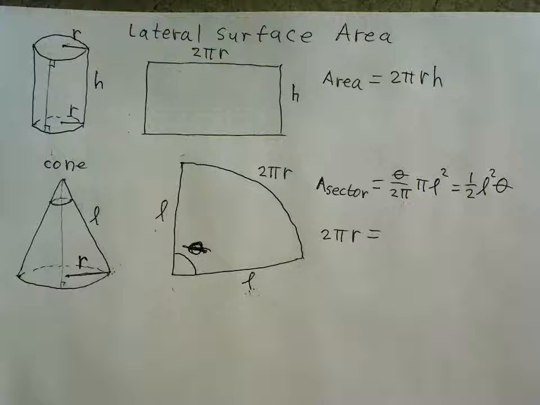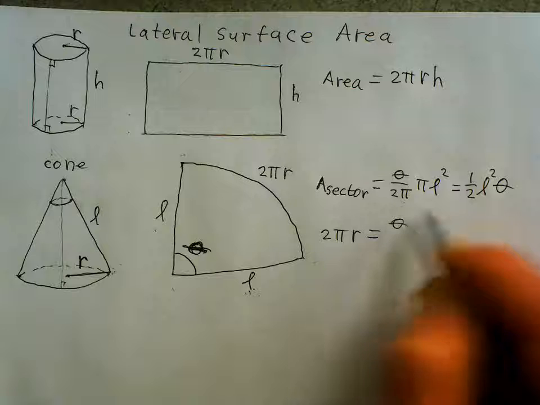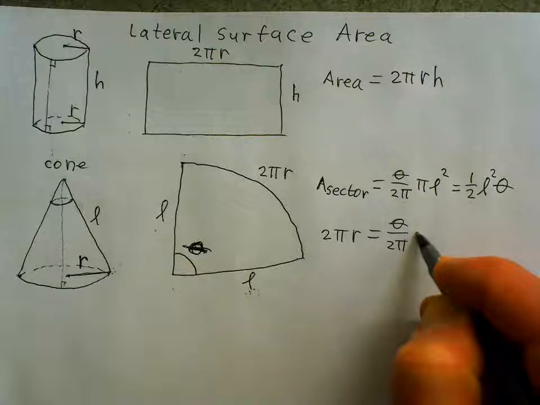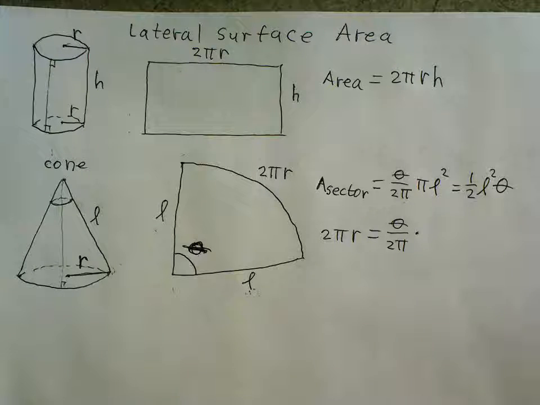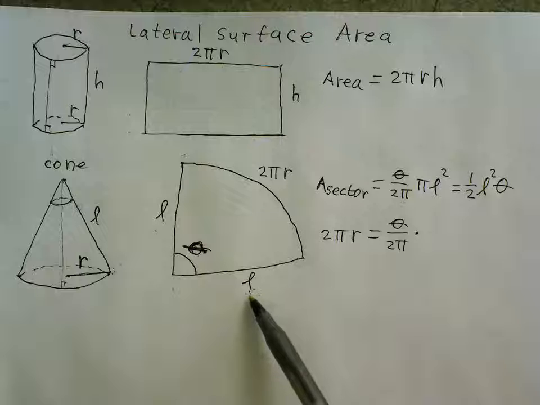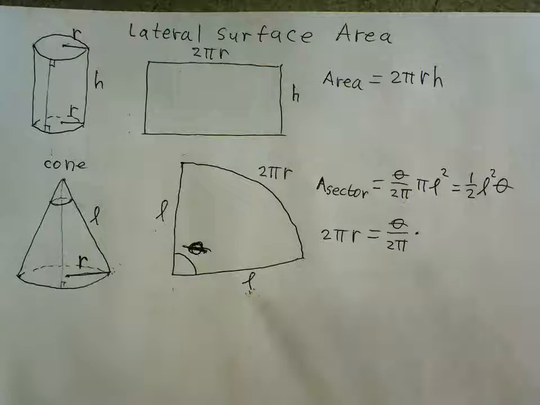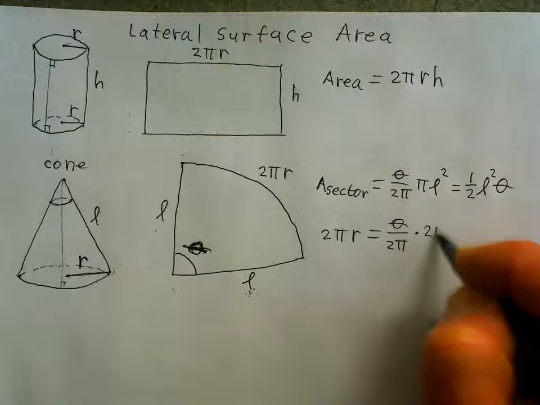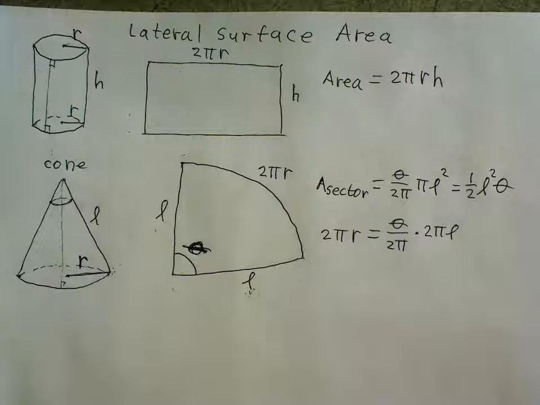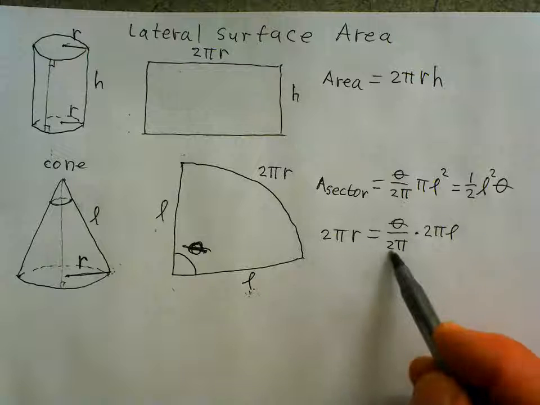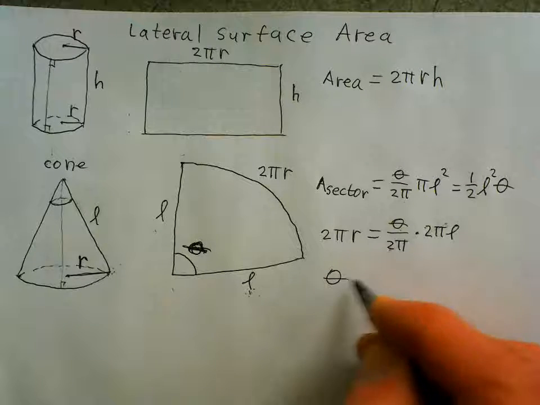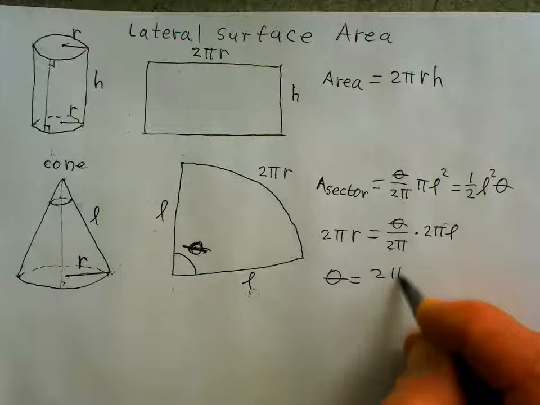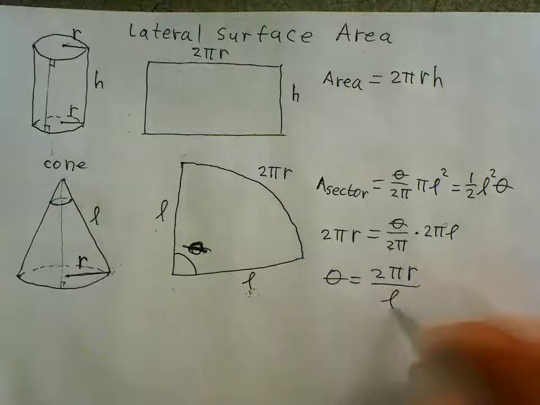Theta over 2 pi again. So we multiply theta over 2 pi by the circumference of the circle whose radius is L, which is 2 pi L. The 2 pi divided by 2 pi cancels, and when we solve for theta, we get theta equals 2 pi r divided by L.